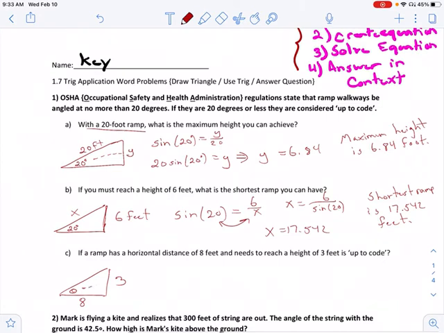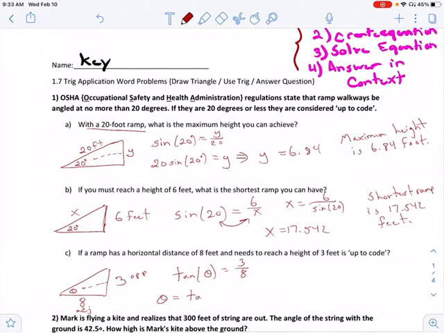Looking at what I know, I know the opposite and I know the adjacent. So I'm going to state that the tangent of some unknown theta is 3 over 8. In order to solve this equation, I need to take the inverse tangent of both sides. When I take the inverse tangent of tangent theta, I just get theta.